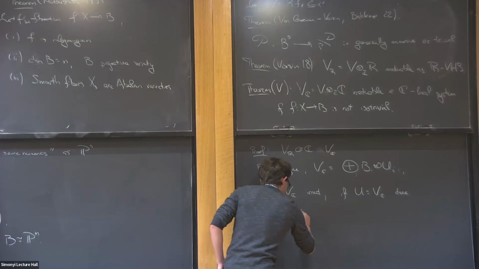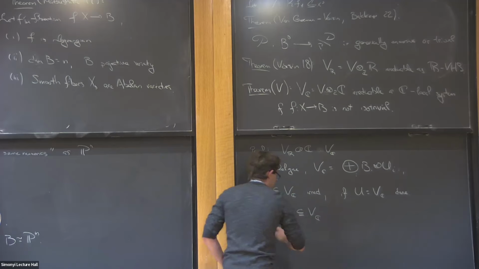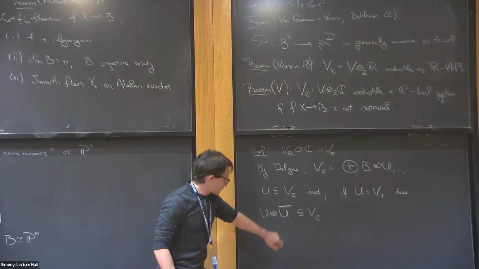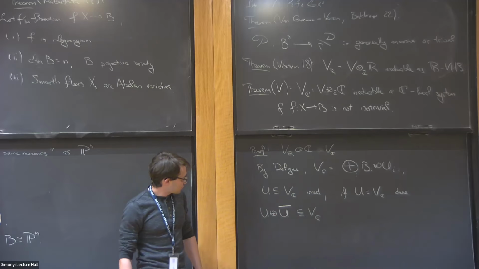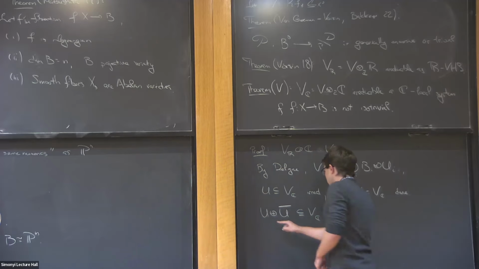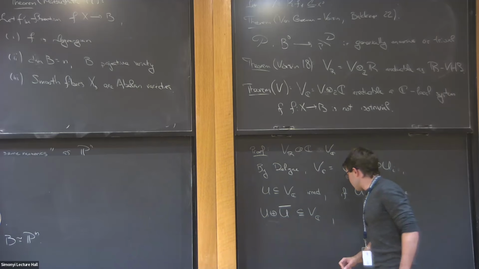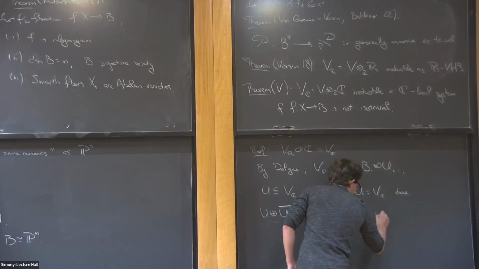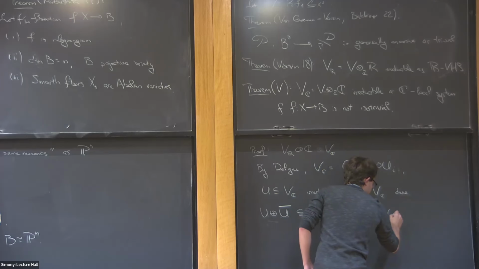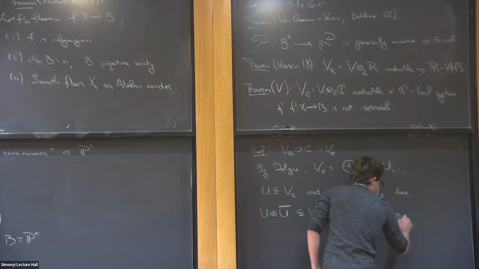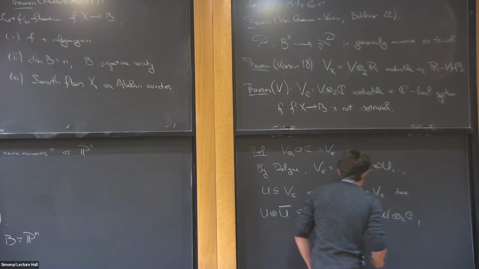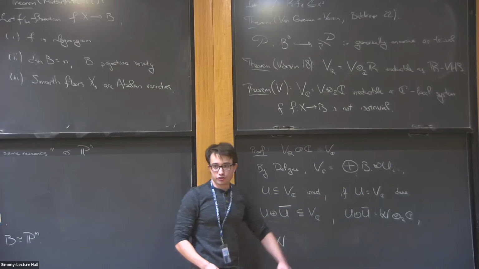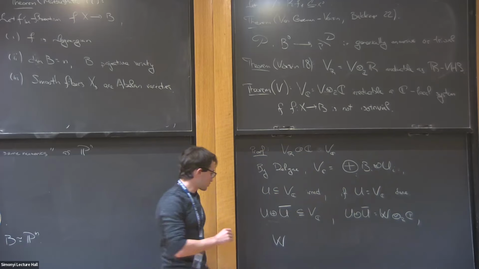Okay, so this is some subvariation. Sorry, this is a priori just a sub local system of V. But these both have a structure of a variation, so it's a subvariation. And in fact, this is self-conjugate, so it's defined over R as a local system. We call the underlying real local system W. And the point is this. W can also be equipped with a structure of a variation of real Hodge structures.